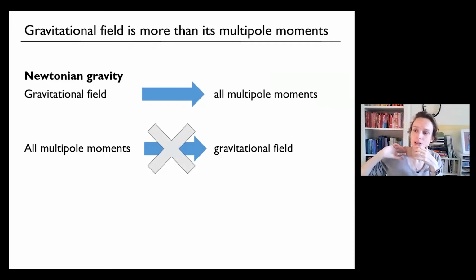You need to add extra assumptions to be able to make that arrow, to determine the gravitational field. So to make this excruciatingly explicit, what we decided to do is to construct, not in the full general relativistic case, but in a simpler setting, in Newtonian gravity, Newtonian objects that have exactly the same multipole moments as those of the Kerr spacetime.